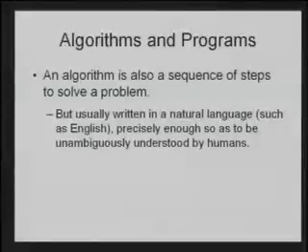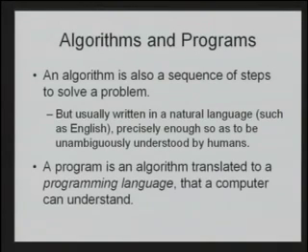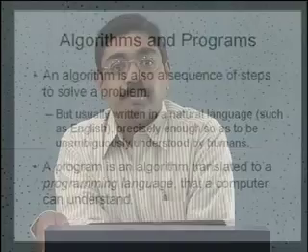So an algorithm is also a sequence of steps to solve a problem, but it's usually written in a natural language such as English and written precisely enough so as to be unambiguously understood by humans. A program, on the other hand, is essentially an algorithm translated to what is known as a programming language that a computer can understand and execute. So that's the fundamental difference between an algorithm and a program.